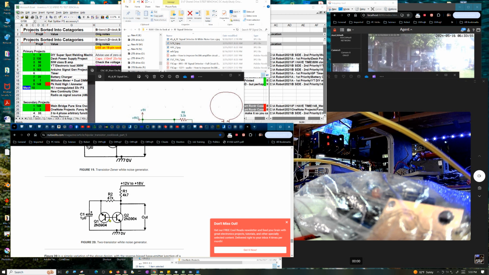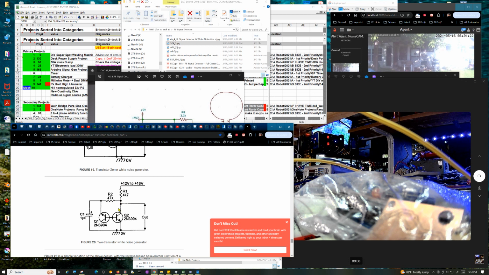So if you want to use a Zener diode as a noise source, you're supposed to put really low amounts of current through it. This guy's got collector feedback going into this reverse diode, which is acting like a Zener. That's going to help set his Q point, with 12 to 18 volts being applied.